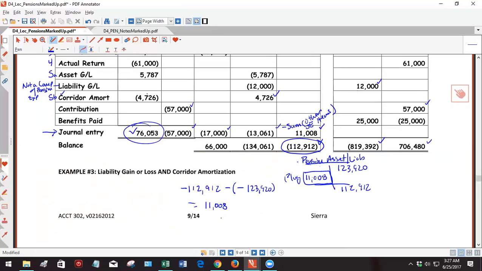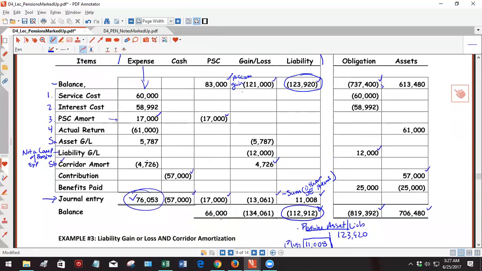So you can calculate what the answer should have been, and if it's not, you'll go and look for errors. The most common error is on the worksheet, you have to have a debit, credit, debit, credit, and so on.